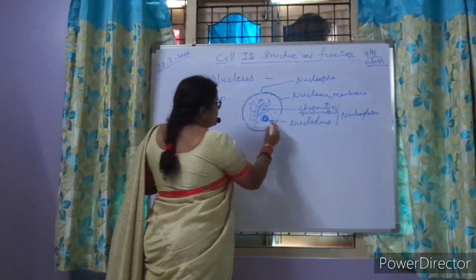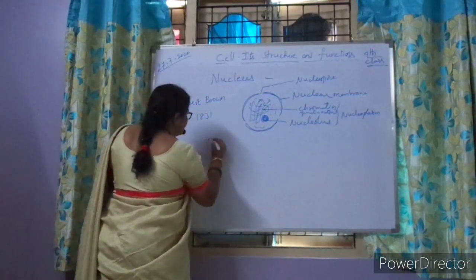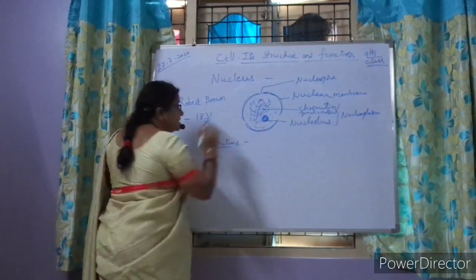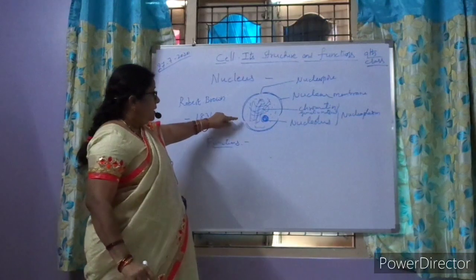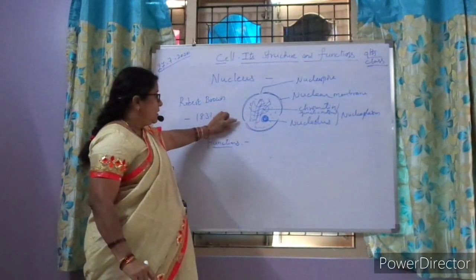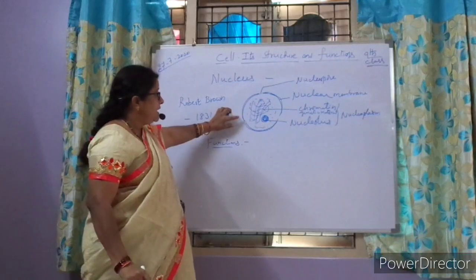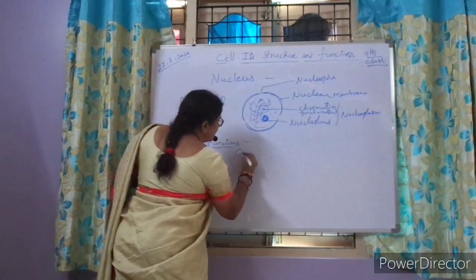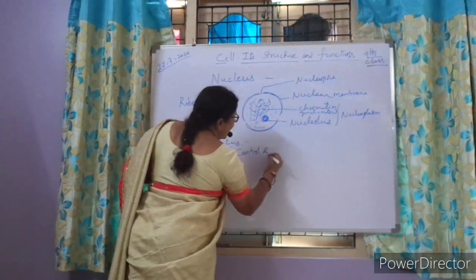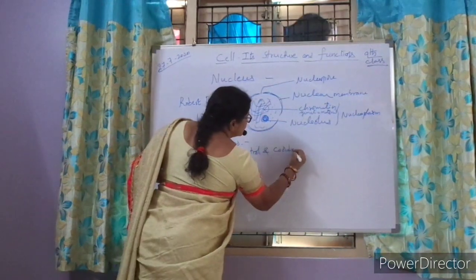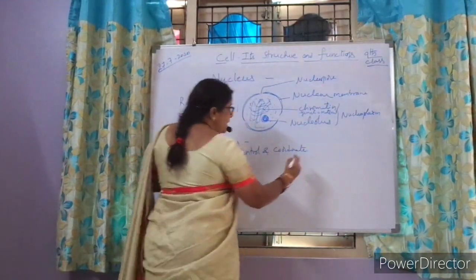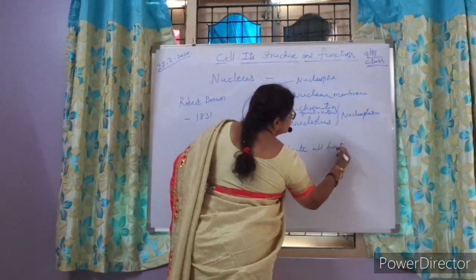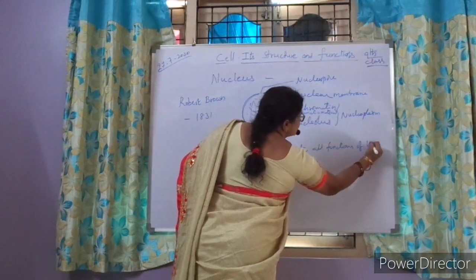They pass some information from one cell to another cell. Then if we study the functions, what functions are carried out by the nucleus? The nucleus carries out different functions, and it is present at the center of the cell. It helps in controlling and coordinating all functions of the cell.